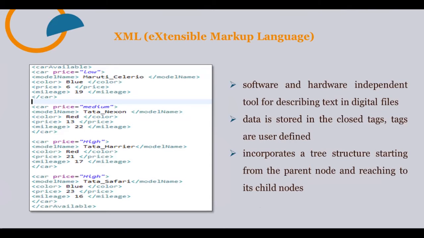In the example shown here, car available is the parent node, and there are multiple child nodes like car, model name, color, price, etc. But the structure of this XML is quite bulky, and as we know how time critical car applications are, XML is not a suitable choice for data configuration.